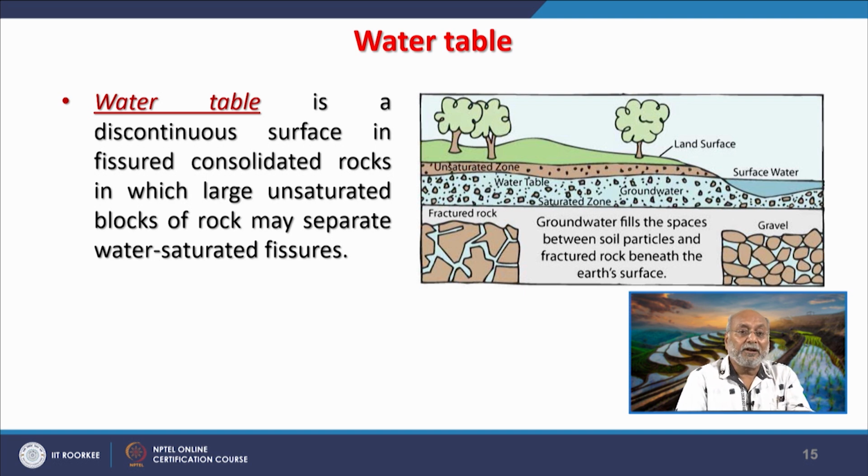In fissured consolidated rocks, large unsaturated blocks of rock may separate water in saturated fissures, and this is a very common thing, especially in hard rock terrain. If I compare Indian conditions, in the Indo-Gangetic plain you may find a more continuous, though not fully continuous, water table over a large area.